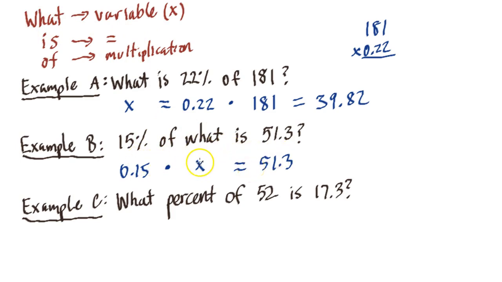So now we want to solve for x. To do that, we would divide by 0.15 on both sides of the equation, and we would get x equals 51.3 divided by 0.15, and that is 342.